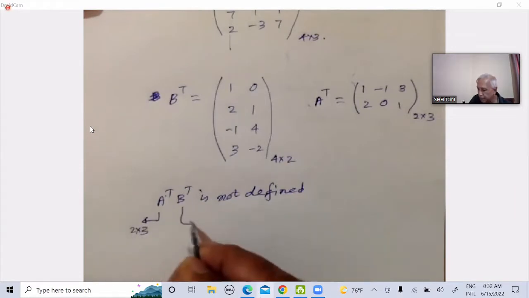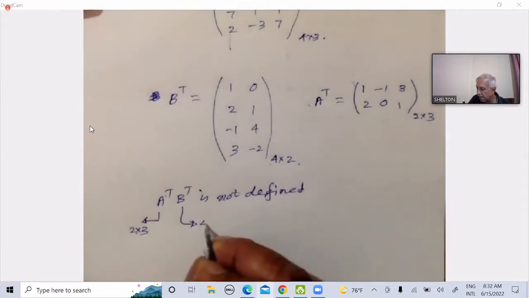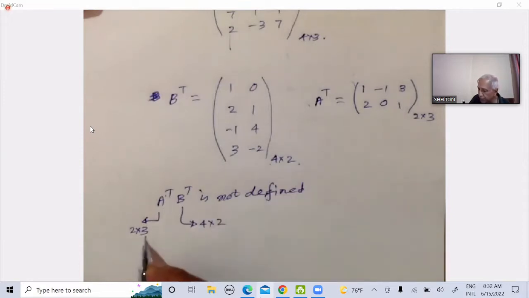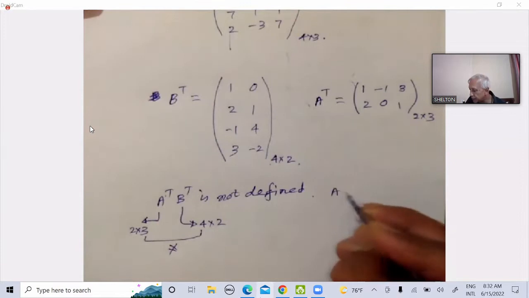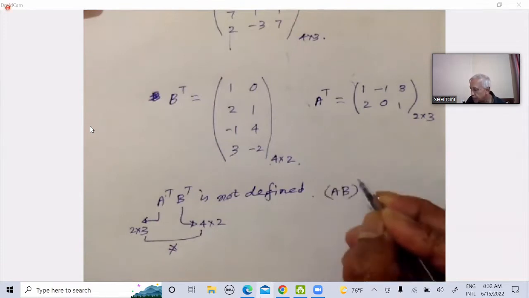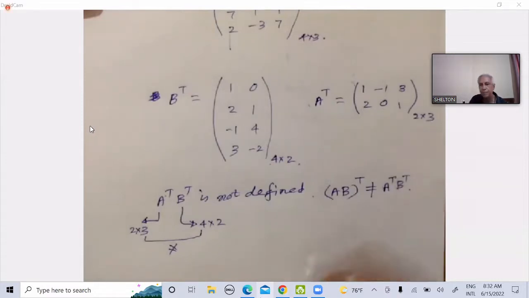B transpose is of the size 4 by 2. These two are not equal. Therefore, it is not defined. So AB transpose cannot be equal to A transpose B transpose. Do you all understand it? A transpose B transpose is not even defined.